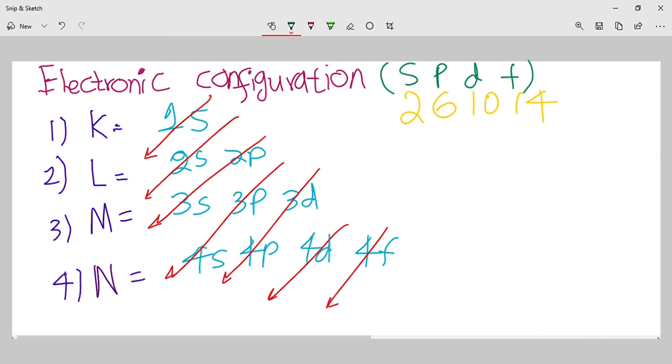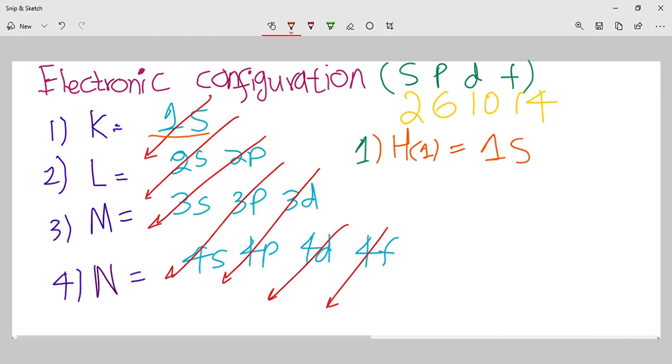Starting from hydrogen, we will first do the electronic configuration of hydrogen. As we know, the atomic number of hydrogen is 1. So its electronic configuration will start from 1s. First of all we will write 1s.